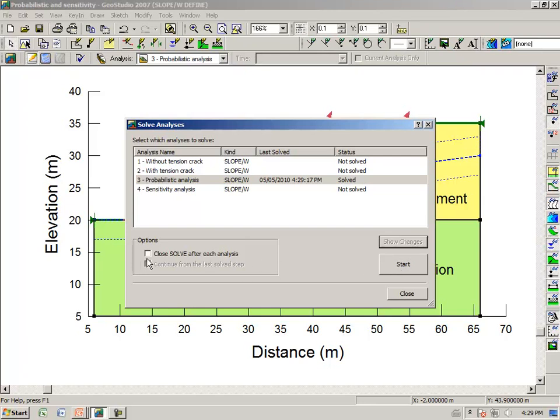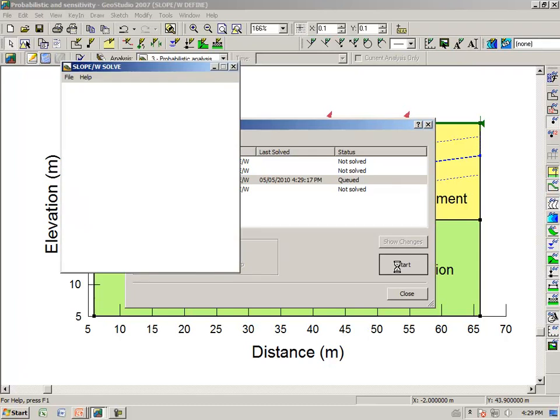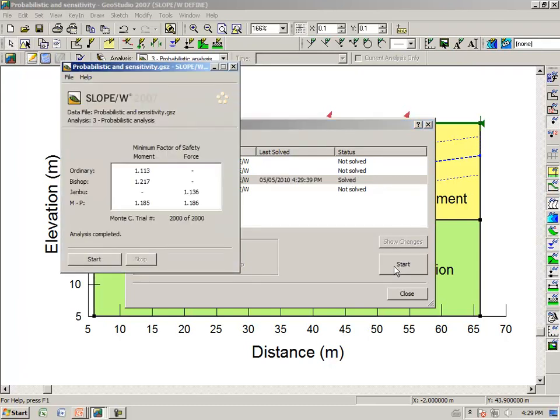So I will turn off this option here and keep the Solve window open after it's finished. And you will notice that we did a static analysis first, and then we did 2,000 Monte Carlo runs.